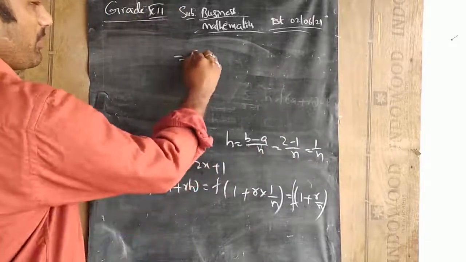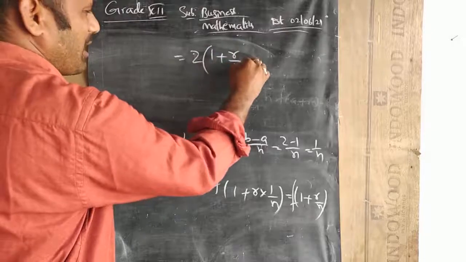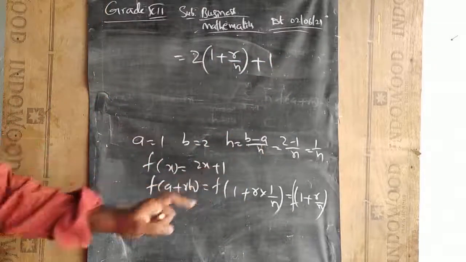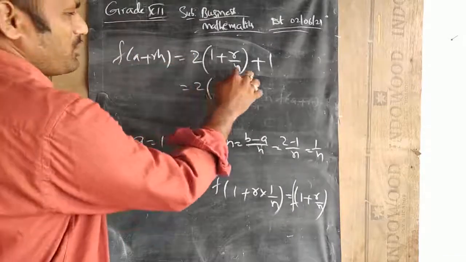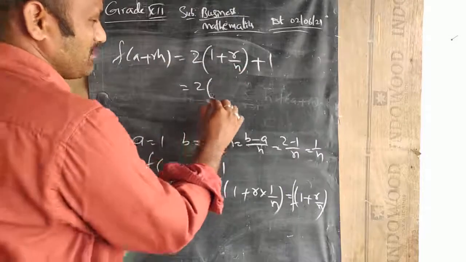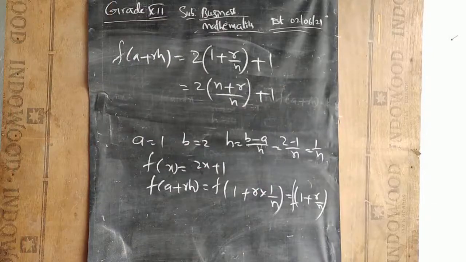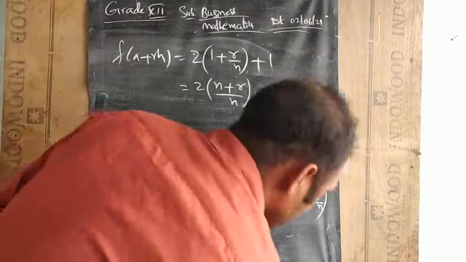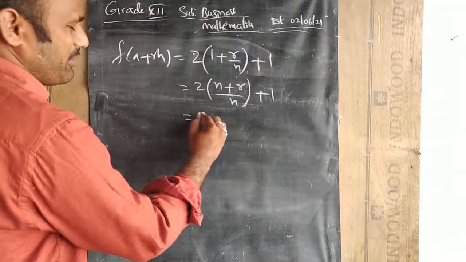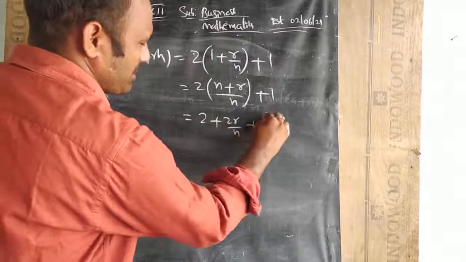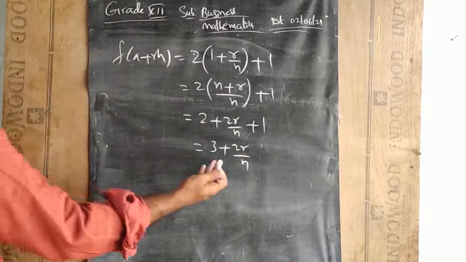So what will that equation become here? 2 into 1 plus r by n, plus 1. We are just substituting, because we need the value of f of a plus rh. So 2 into 1 plus r by n, plus 1. This can be written as 2 plus 2r by n plus 1. That is 3 plus 2r by n. So I got f of a plus rh.